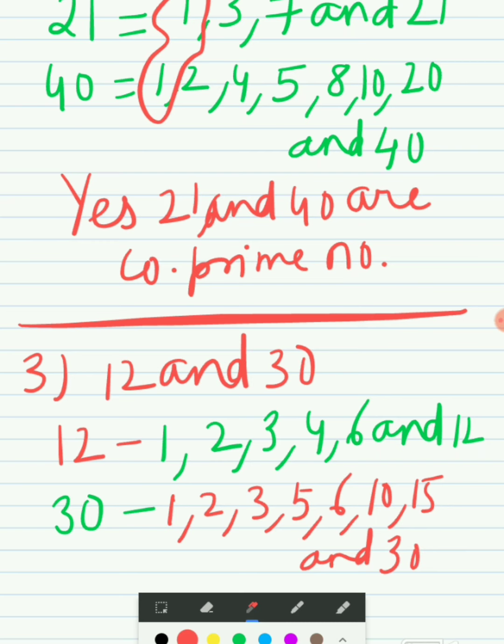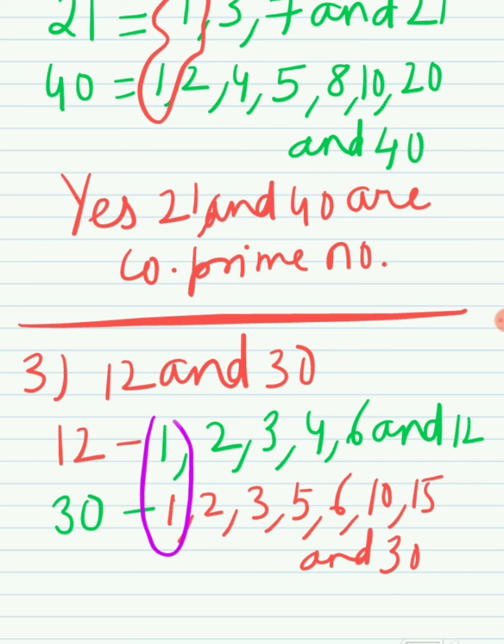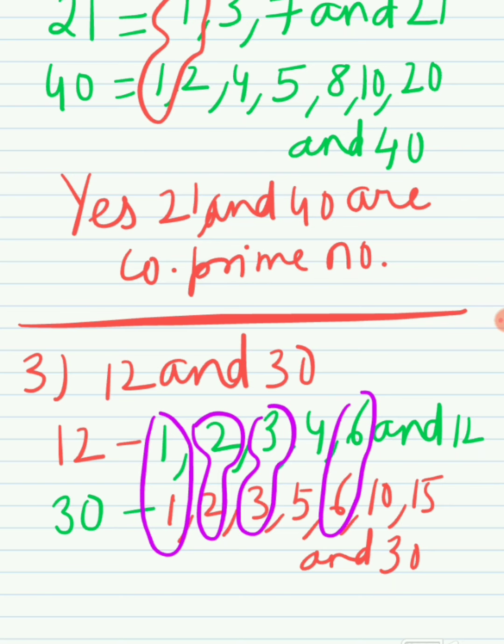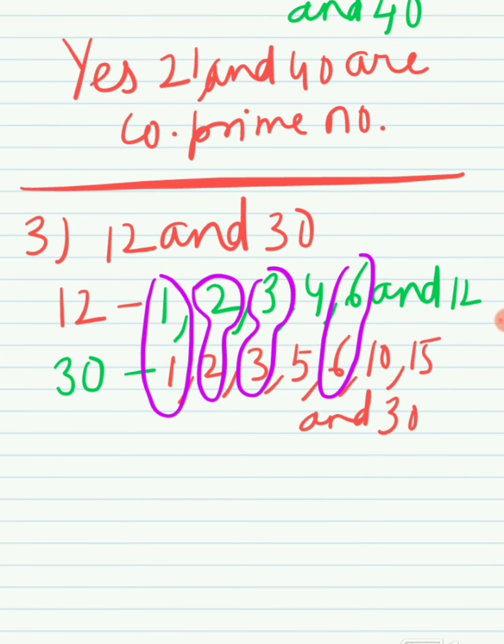Now we have to see which factor is common. So 1 is common, 2 is also common, 3 is also common, 6 is also common. So it shows that these two numbers are not co-prime because many factors are common in this. So we will write no.